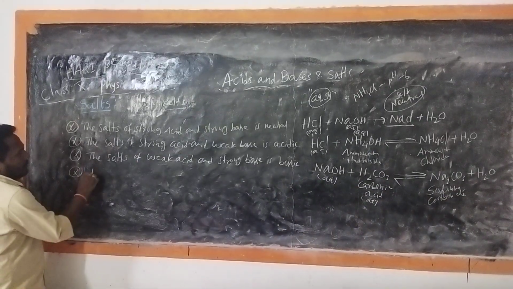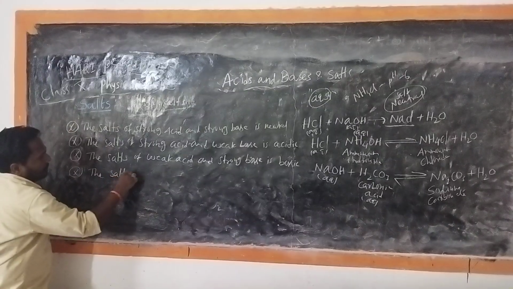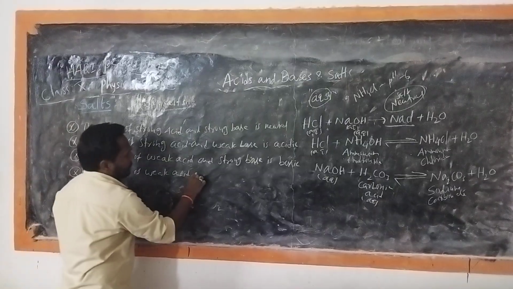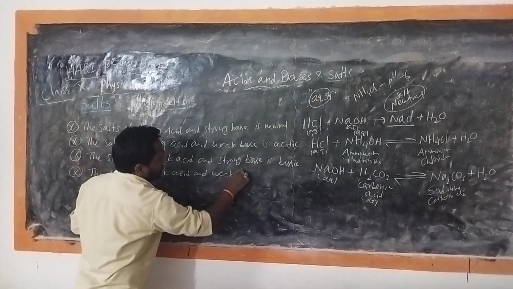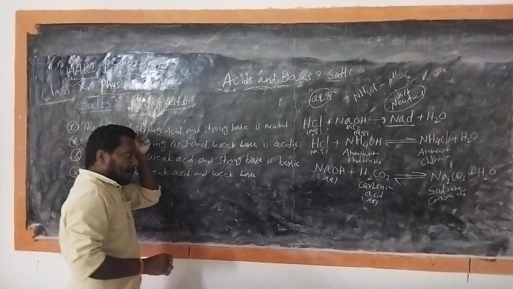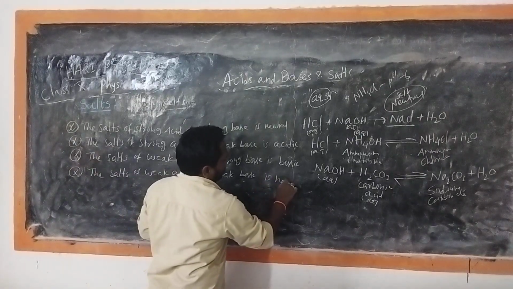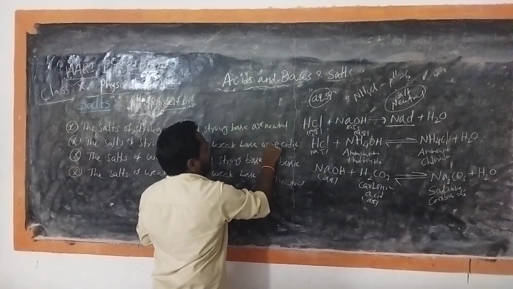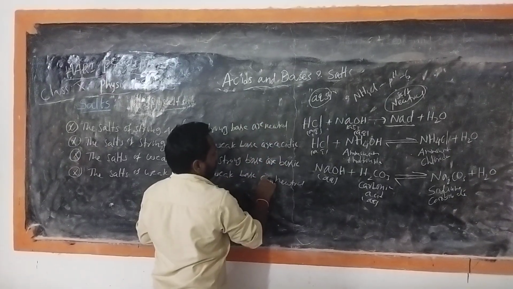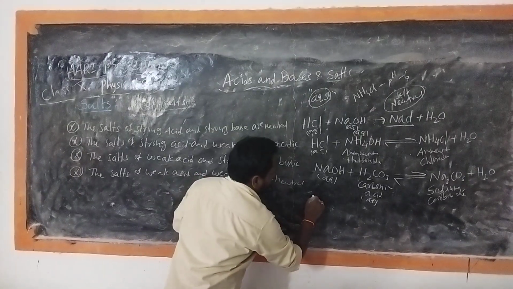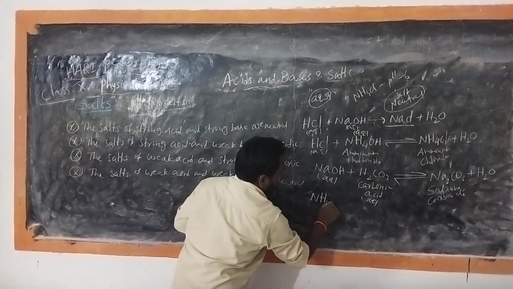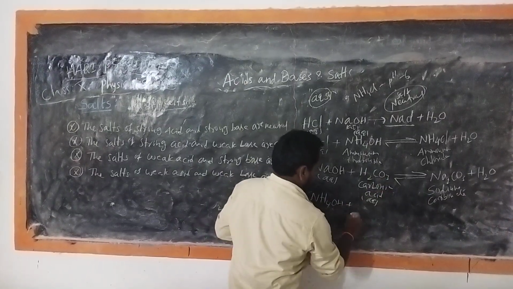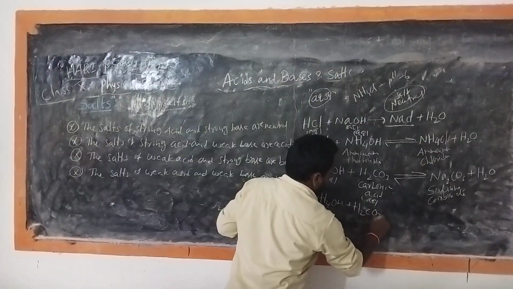Then the last one, the salts of weak acid and weak base. Weak acid and weak base give a neutral salt. Example: ammonium hydroxide plus carbonic acid.